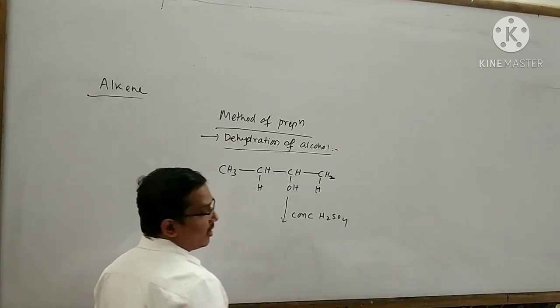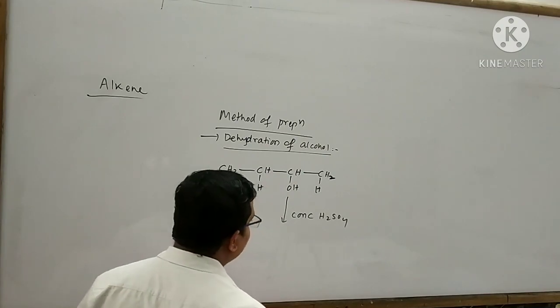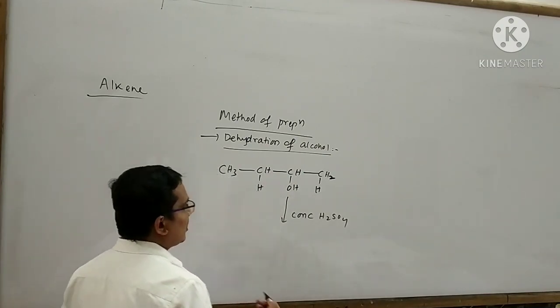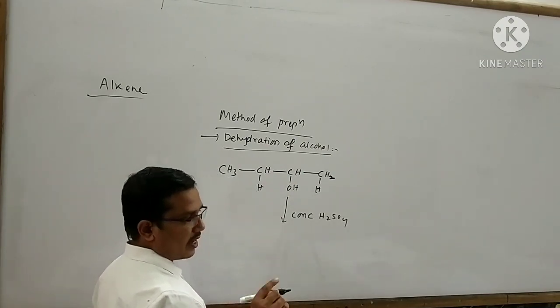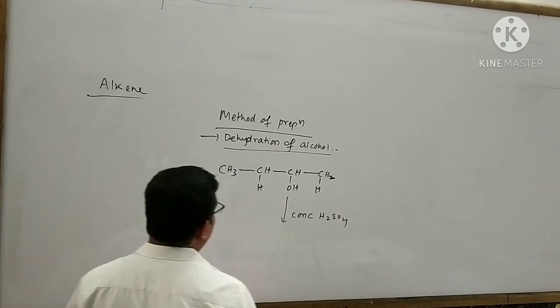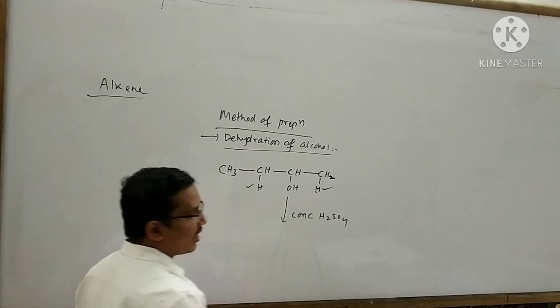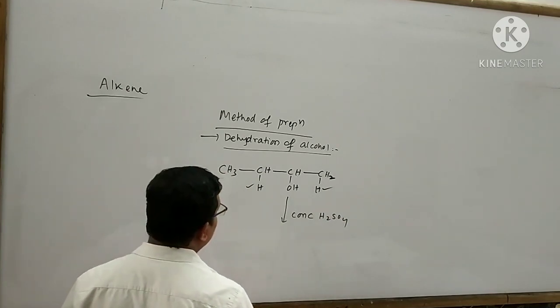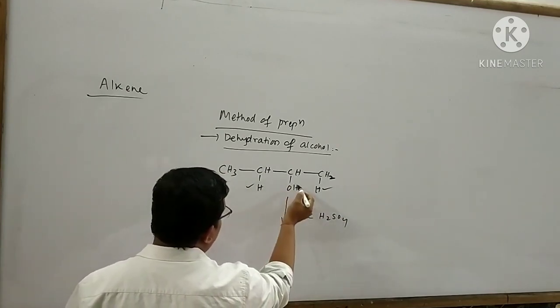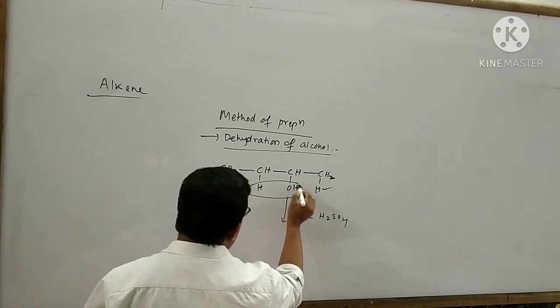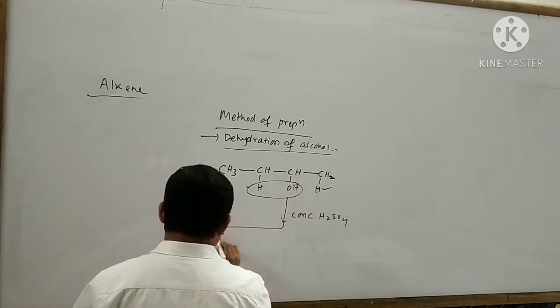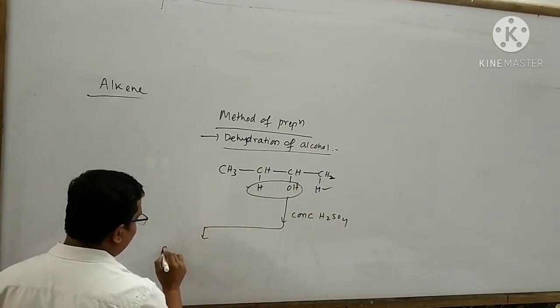That means there is loss of a water molecule. For the water molecule, we generally need one H, one OH. To get that, a hydrogen atom is present here, and here also a hydrogen atom is present. If I remove this hydrogen and this OH, then what will happen? This product will be found.